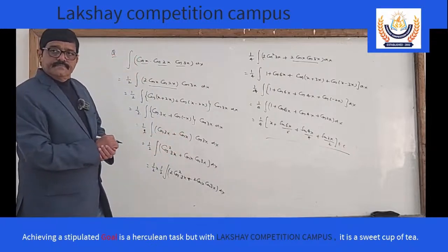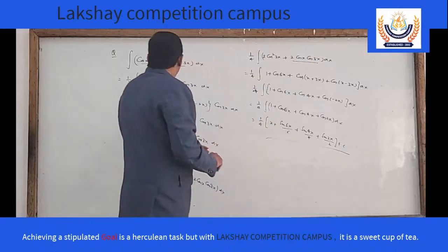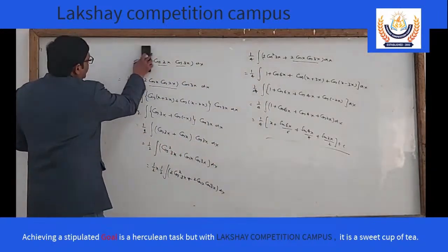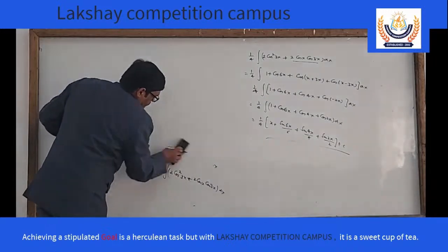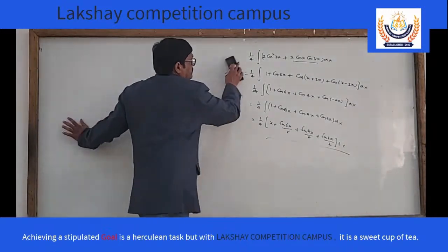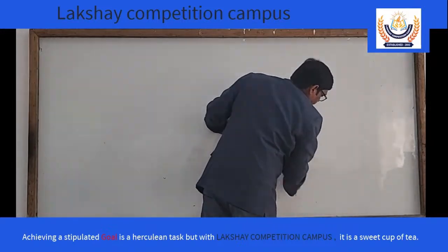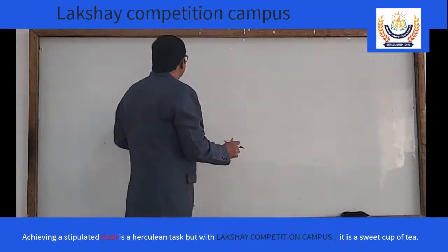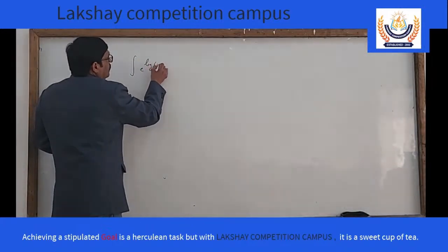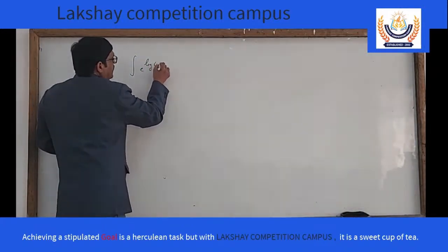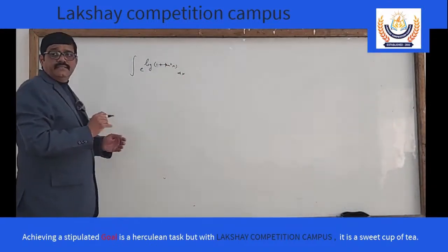Clear? Okay. Now we have the next question. What is the integration of e raised to power log of 1 plus tan square x? Okay, students, what is the integration?